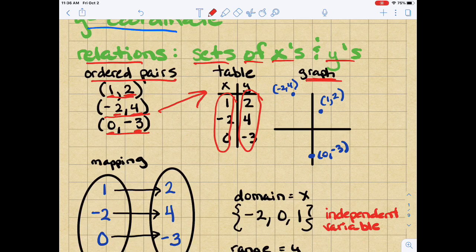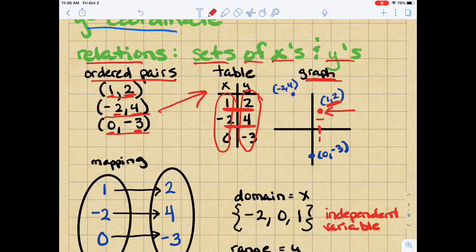So notice if I want to plot 1 and 2, typically you'll have more tick marks to find things, but you're going to go over to where x is 1, and then you're going to go up to 2 on the y line to get to this point right there. X is 1 and y is 2.